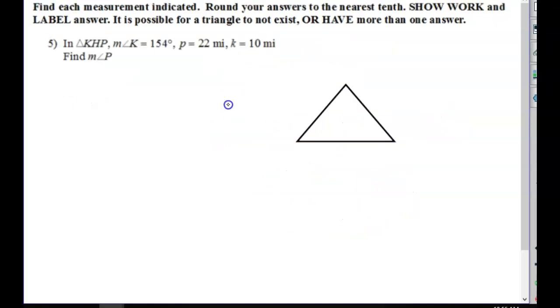All right, number 5. KHP. Somehow K is 154 degrees, P is 22, and K is 10.